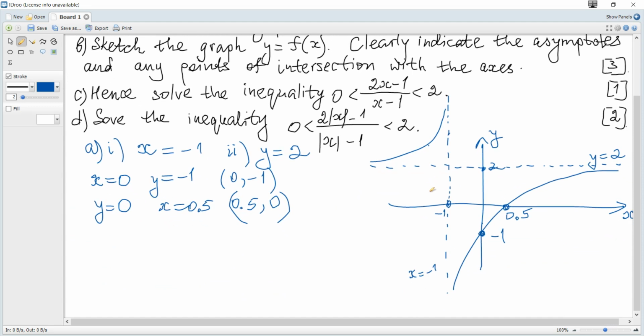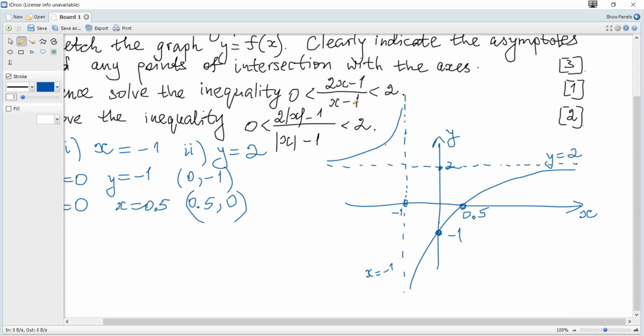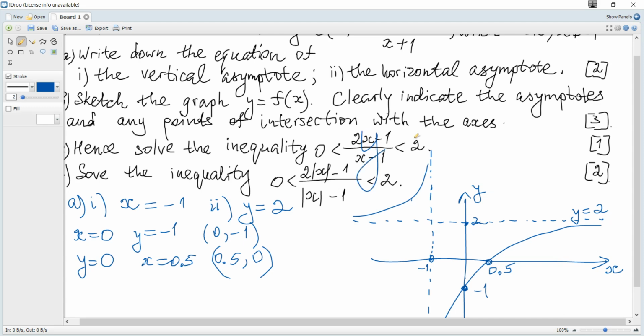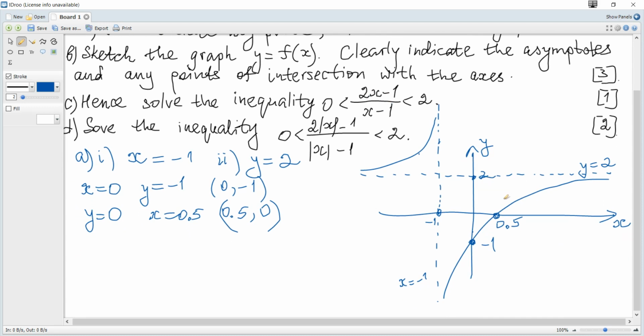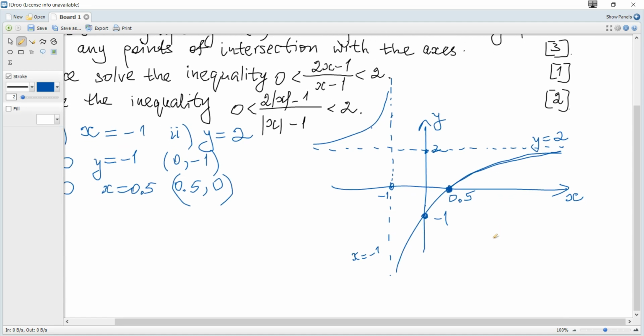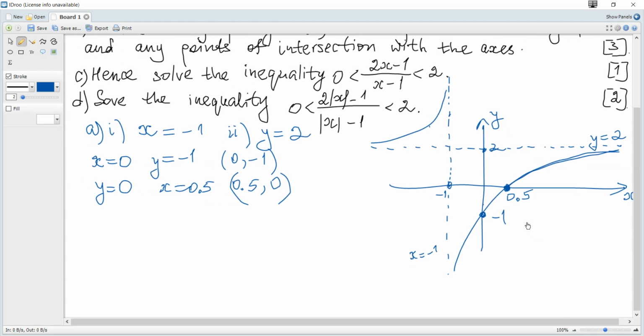And the next, hence solve the inequality 2x minus 1 over x minus 1. It's actually our function, and it means y. So y is greater than 0 and less than 2, and answer must be in terms of x. So y is greater than 0 and less than 2, it's this branch, it's this part of the graph, and hence answer must be in terms of x.